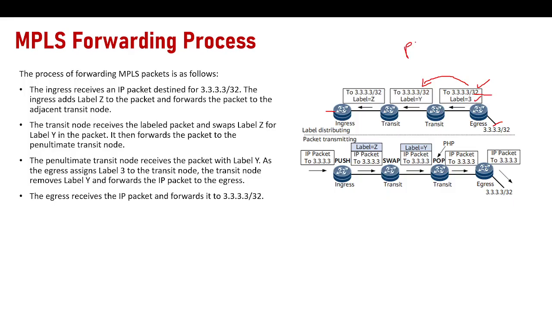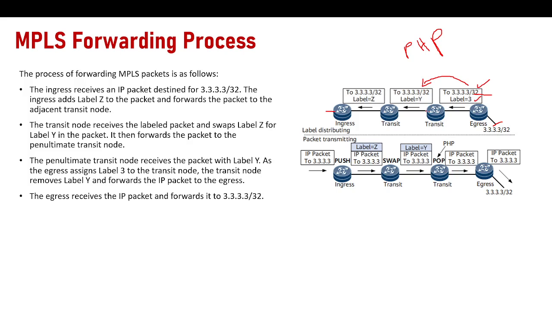Do PHP, remove all the labels and give me an IP packet so that I don't have to perform the label popping from that packet. So that is what label number 3 does. It's allowing the transit router to perform PHP.